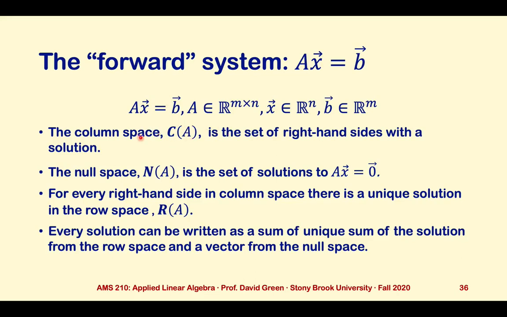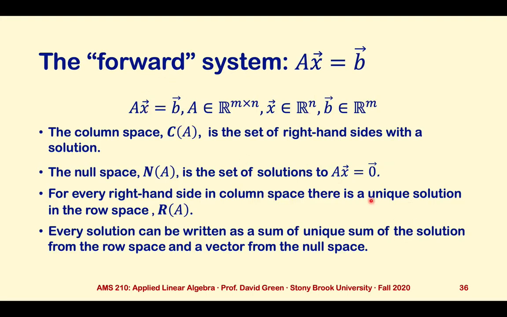We know from our discussion of the role of the row space in how we describe solutions that for every right-hand side in the column space, there must be a solution.